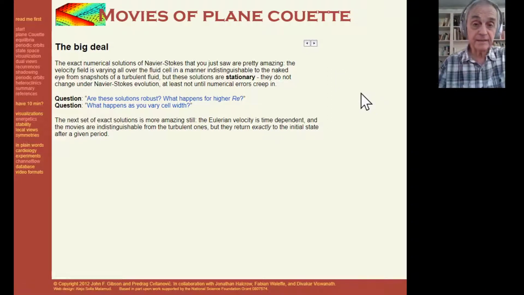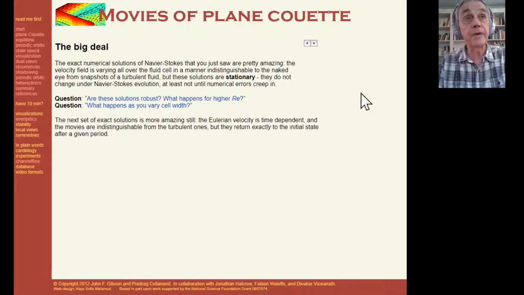So this was a big deal to be able to find, and that happened at the end of last century, that we could actually find these equilibria and study their stability for very high dimensional fluid flows, 100,000 dimensions.